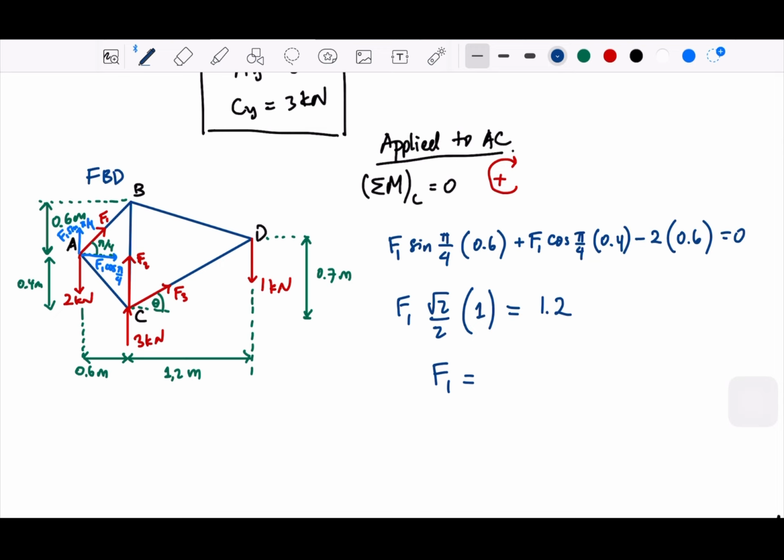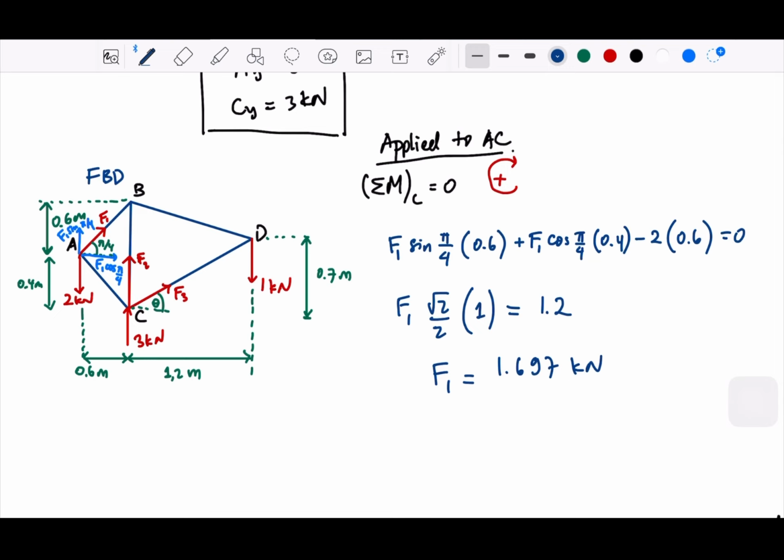Okay, here is 1.2 multiplied by 2, divide. It's 1.697 kilonewton. Okay, that's I think good.